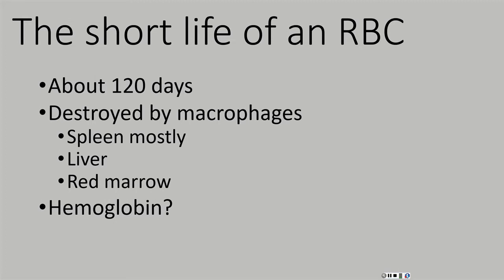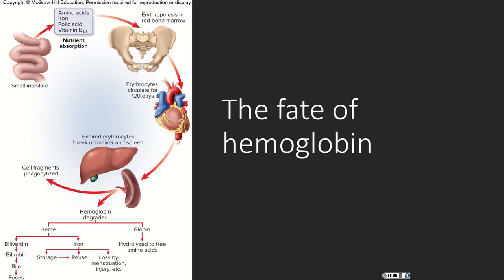And like we saw a minute ago, the contents of red blood cells are mostly hemoglobin. And honestly, that's the important thing that we're after. So while things like the phospholipid bilayer are still in a red blood cell, we're going to see what happens to the hemoglobin once this red blood cell is broken down.